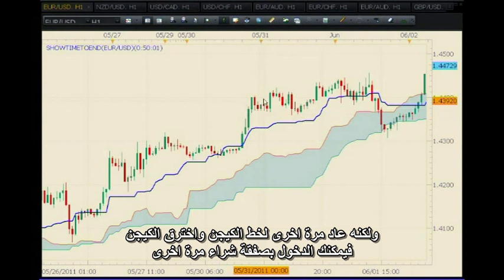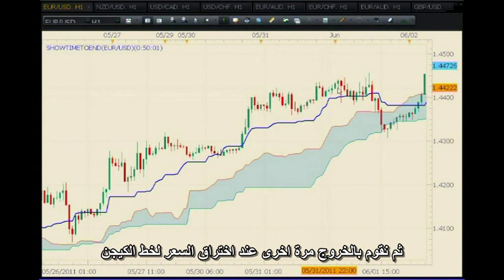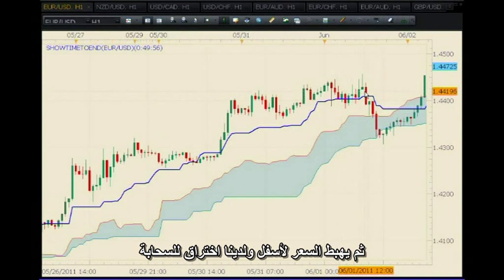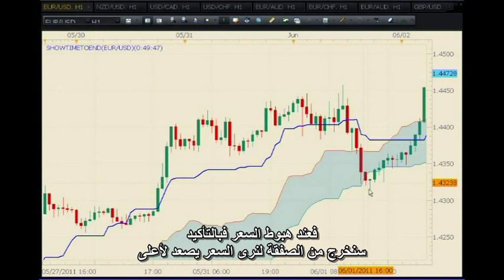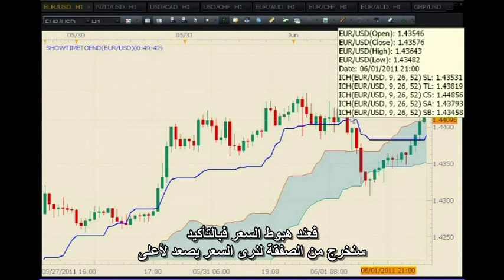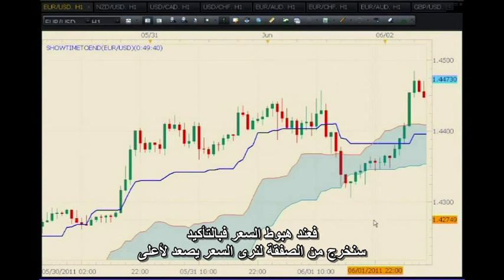You're looking to go long all the time here, and then you get out right here when it breaks your Kijun. And then price came down here, and you had a break right here. This would have been a Kumo break, and it would have gone down to here. Then you would have probably got stopped out as you watch it go right here.